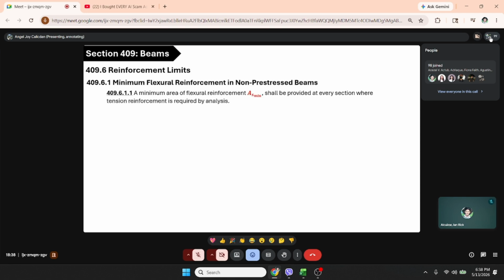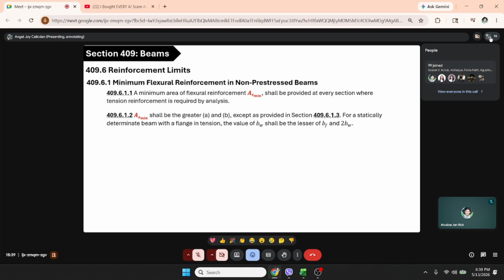So for the reinforcement limits, the minimum flexural reinforcement in non-pre-stress beams, a minimum area of flexural reinforcement, As-min, shall be provided at every section where tension reinforcement is required by analysis. As-min shall be the greater of A and B except as provided in section 409.6.1.3 for a statically determinate beam with a flange in tension.